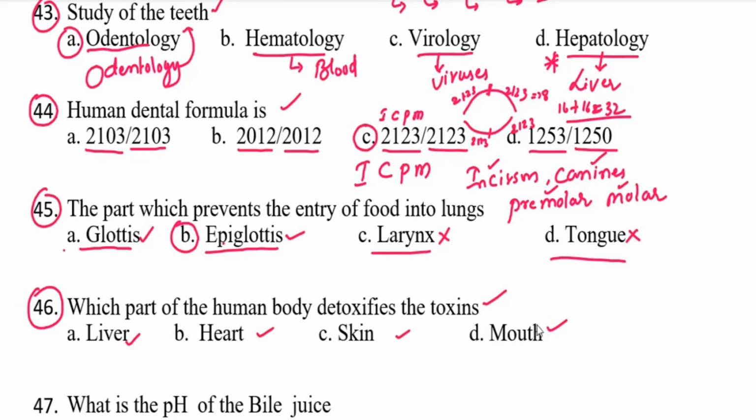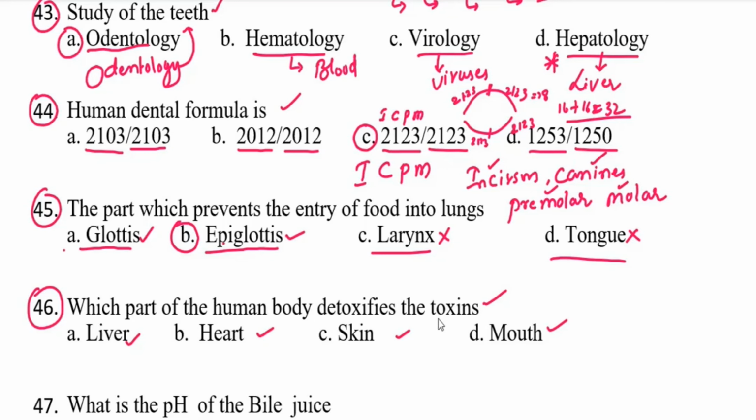Among these four, which organ detoxifies the toxins if we consume them through food? Without detoxification, the toxins may act on different parts of the body, like the nervous system, eyes, stomach, and others.